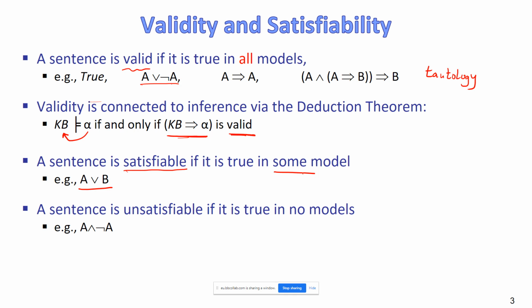So the sentence is unsatisfiable if there are no assignments to the variables that will make the sentence true. Like this sentence, A and not A. A and not A is always false, because if A is true, then not A is false. If A is false, then the whole sentence is false. So it's always false. So we call it unsatisfiable.